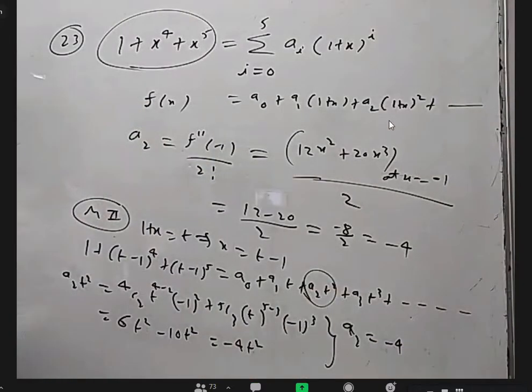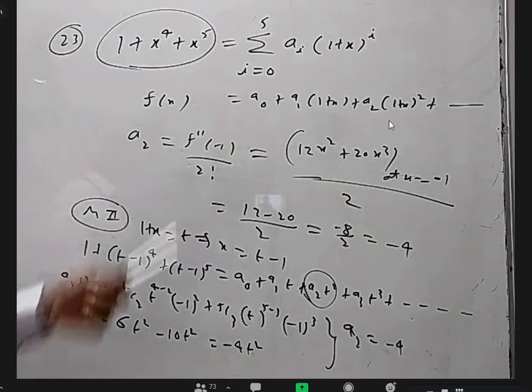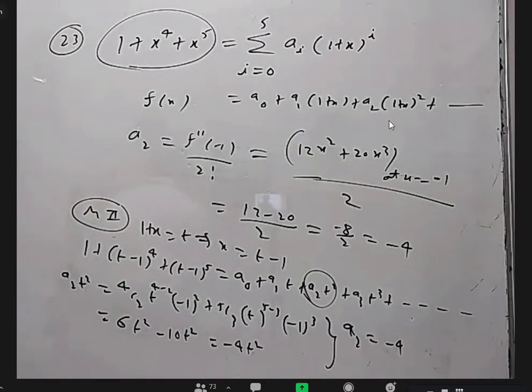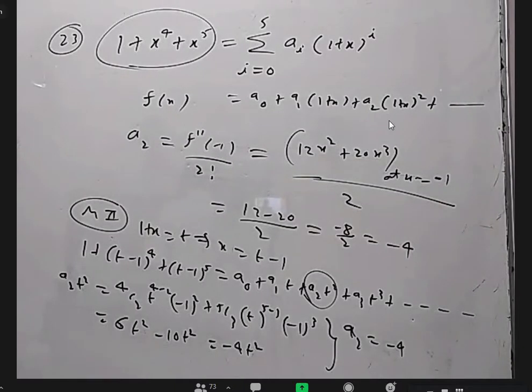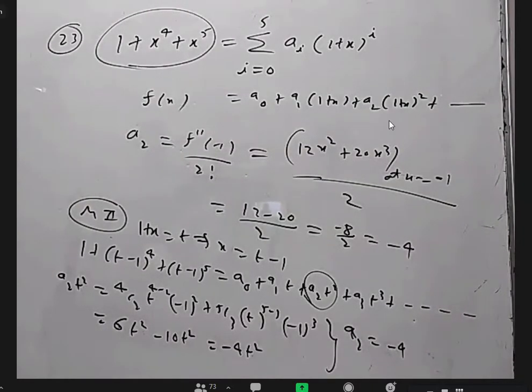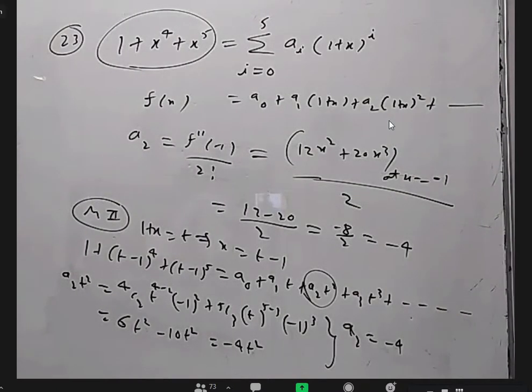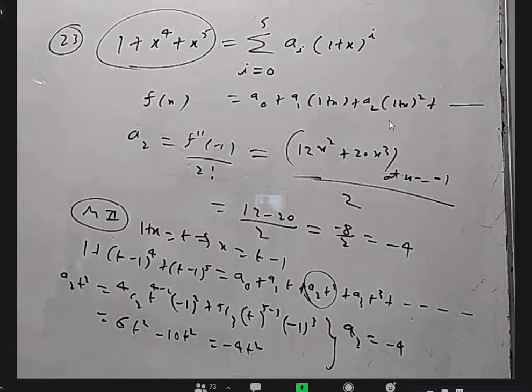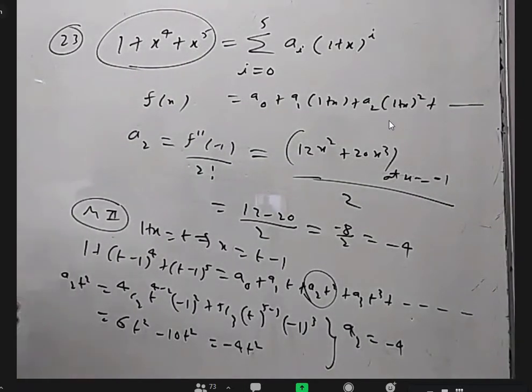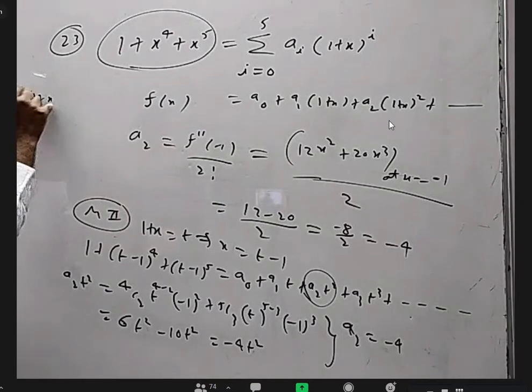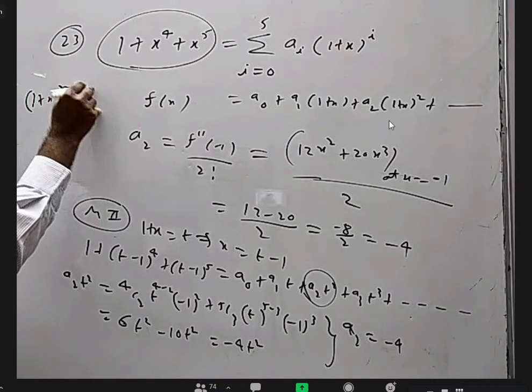The second one is based on binomial, and the first one is based on calculus. Then in the other question also, I did that. But I can use product rule. They asked product of two binomials.